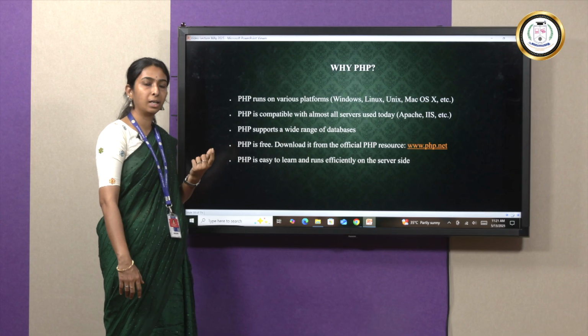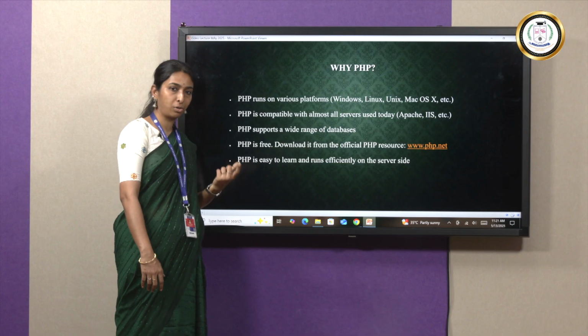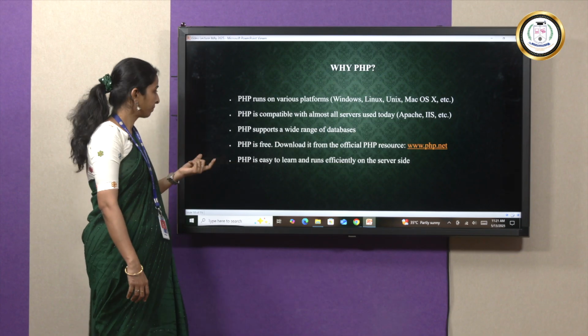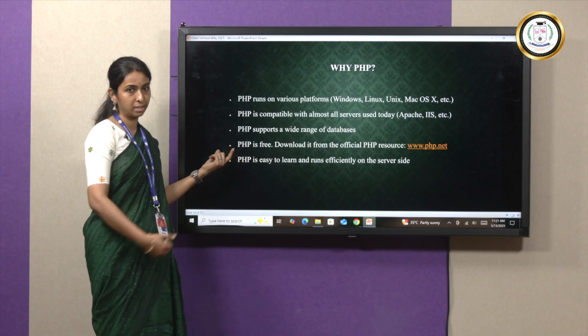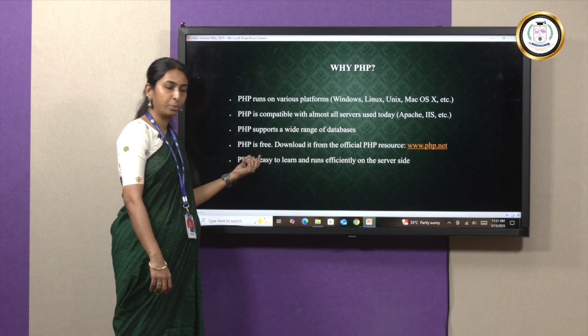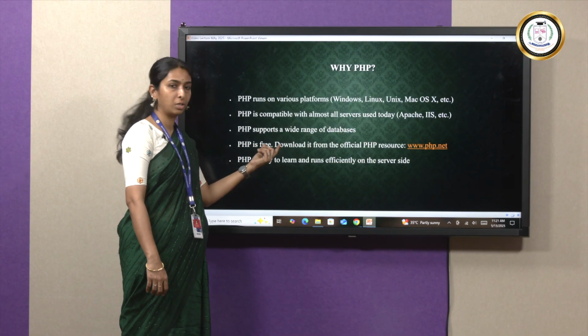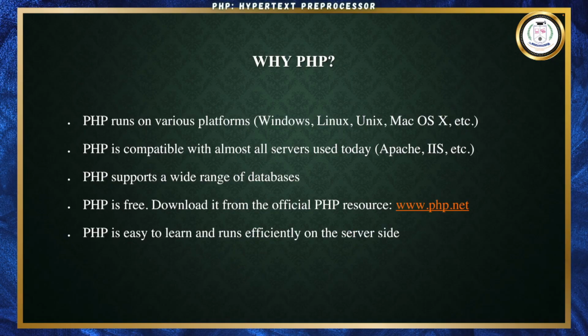It is created by Microsoft, and is used for Windows. PHP supports a wide range of databases as we already discussed in the previous slide. PHP is open source, it is freely available to download and use from the website www.php.net. PHP is easy to learn and runs efficiently on the server side.